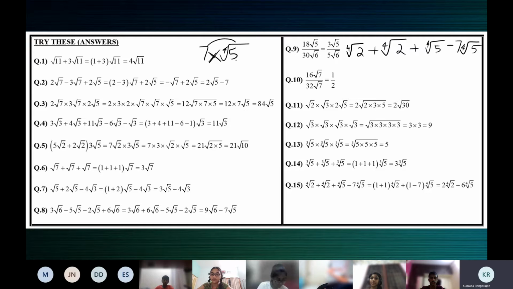What is the value of fourth root of 5? Some number multiplied by itself 4 times should give you 5.